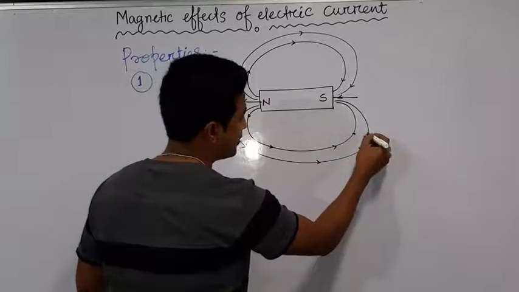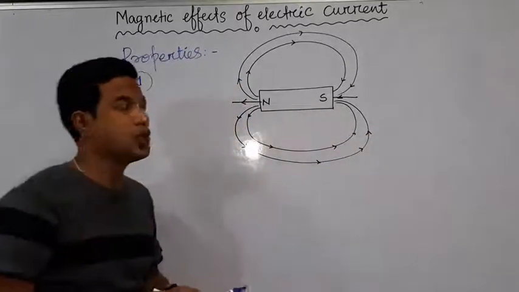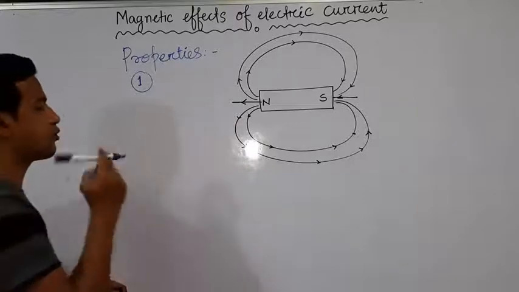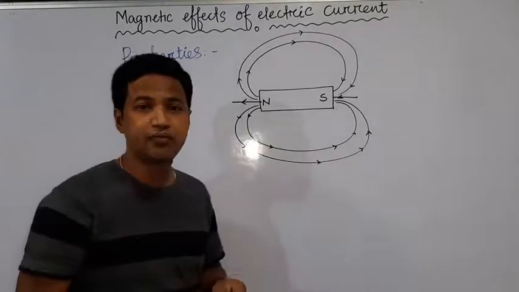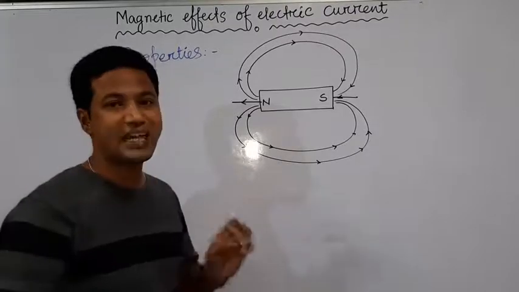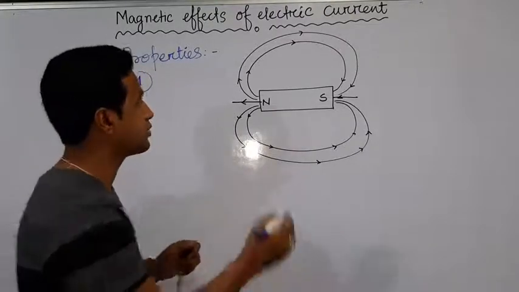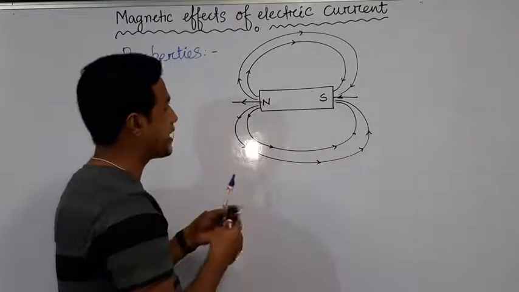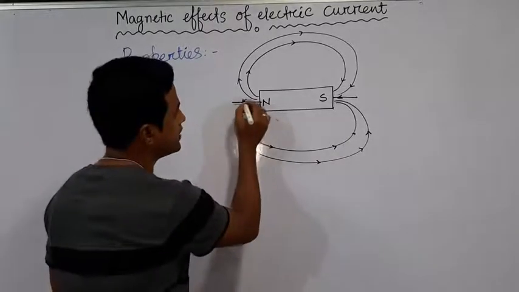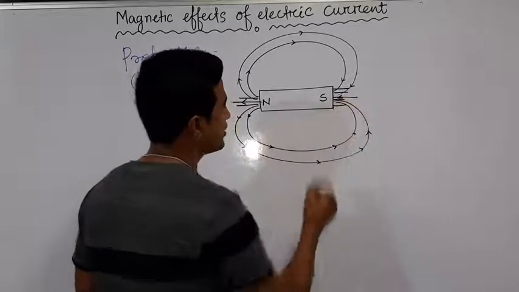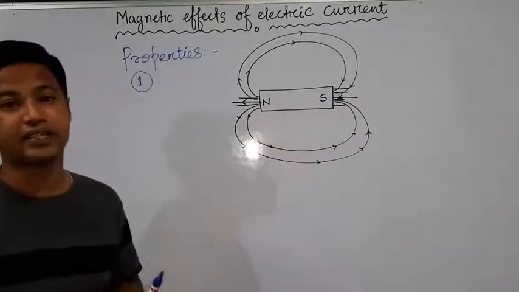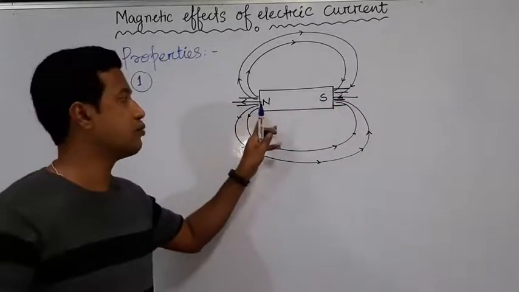Now let's go to property number 2. It says that the magnetic field strength is maximum at the poles. Here you will observe the magnetic lines are closer to each other at the poles. It means the strength of the magnet is maximum at the poles.